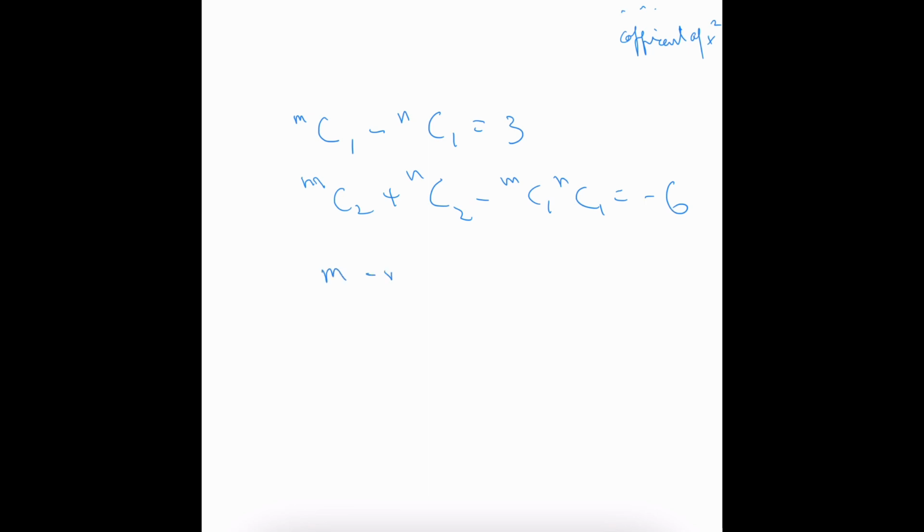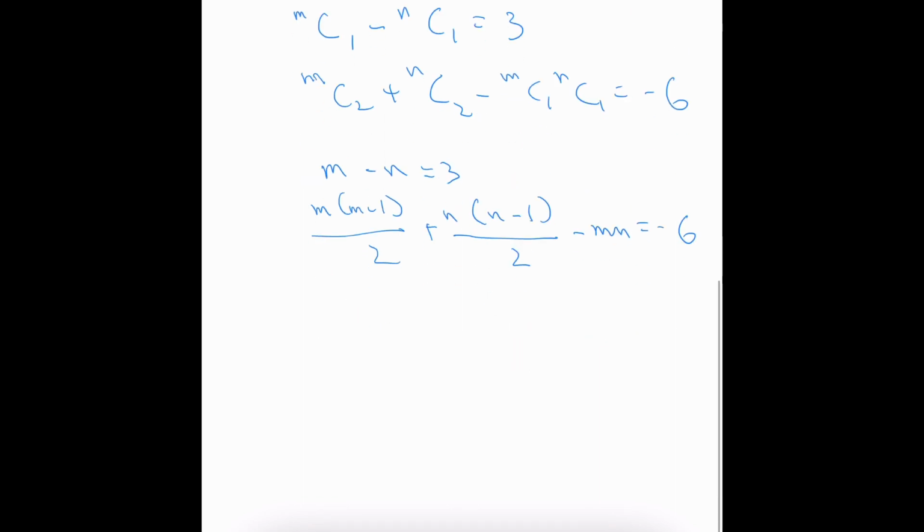We will get m minus n equal to 3, and m(m minus 1)/2 plus n(n minus 1)/2 minus mn is equal to minus 6. So next we have to solve these two equations. Let's solve them.